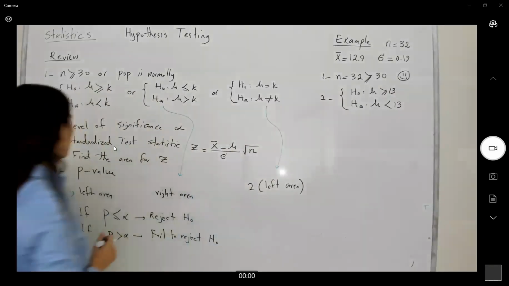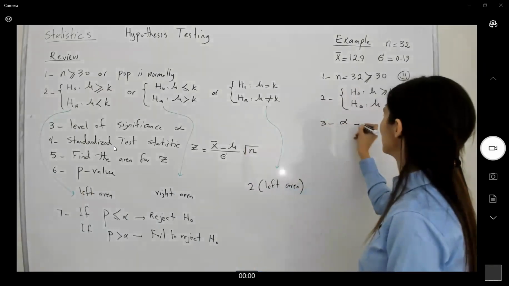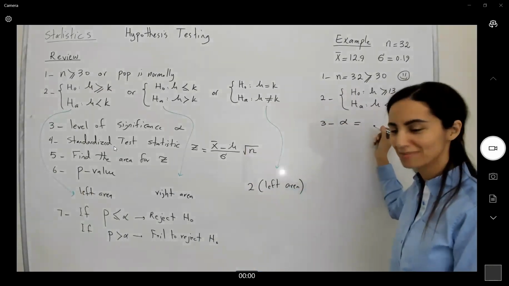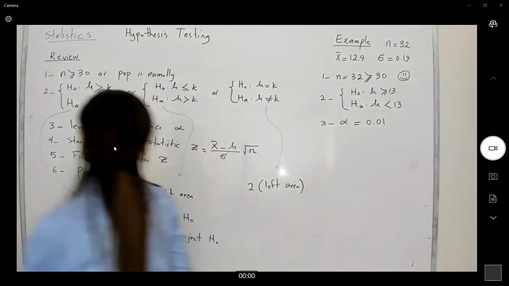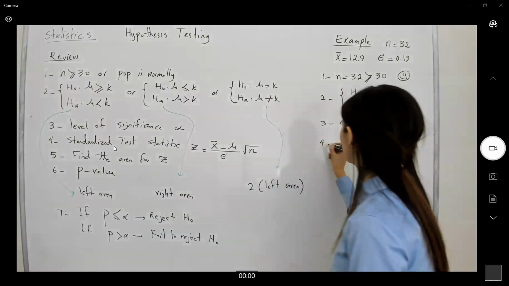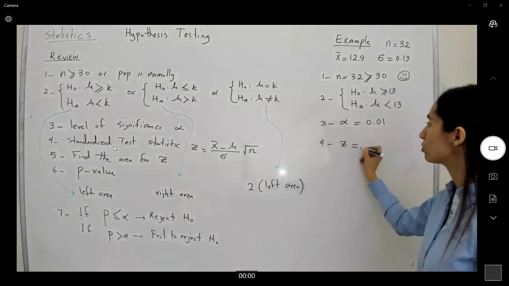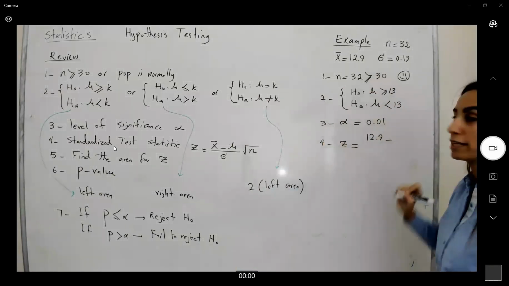Well, what is the level of significance? Alpha is 0.01. 1%. Excellent. Now we have to move on to 4. The standard test statistic, which is z equals x bar, 12.9, minus mu.